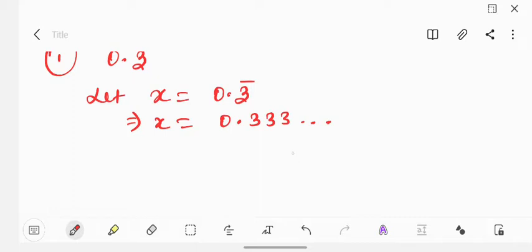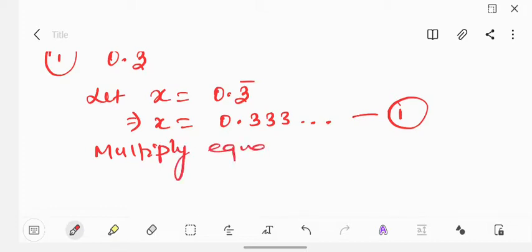Let's take this as equation number 1. So we multiply equation 1 by 10. If the repeating block is 2 digits, then we multiply by 100, and so on.